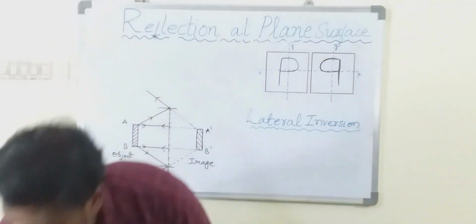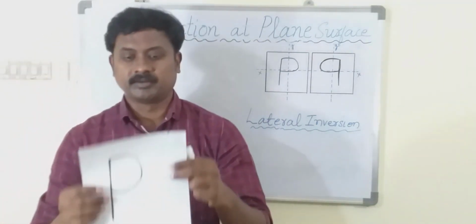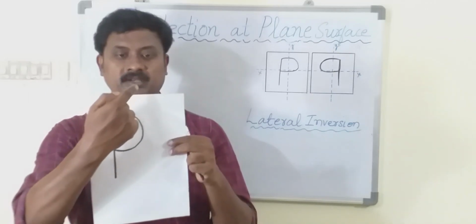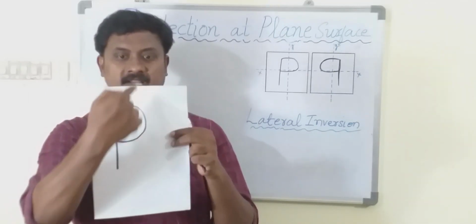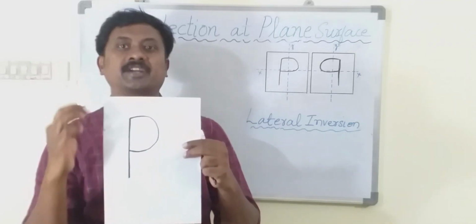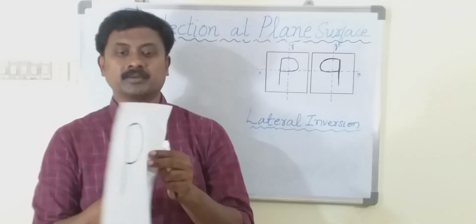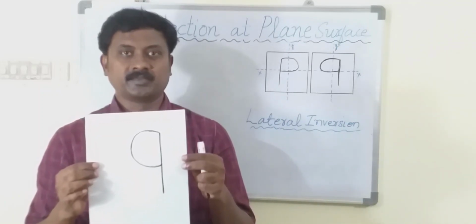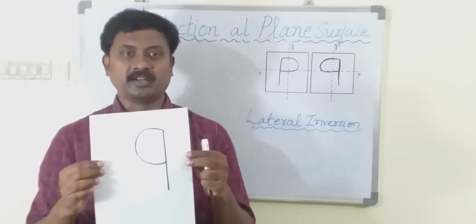Let me explain here. I have already drawn this letter P like this. Okay, so this is a vertical axis and this is a horizontal axis. So if the vertical axis rotates 180 degrees, then it becomes like this. Now you can see how you look at the P. Right, so this is lateral inversion.